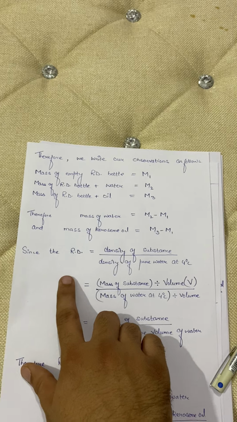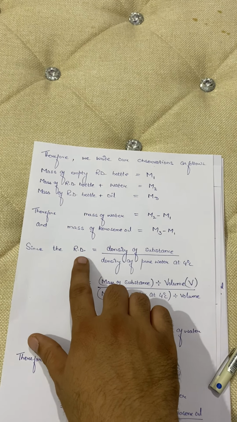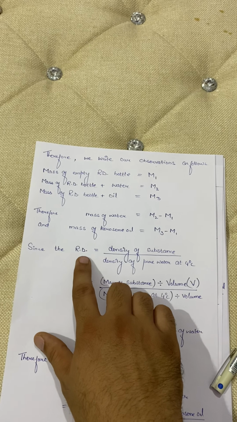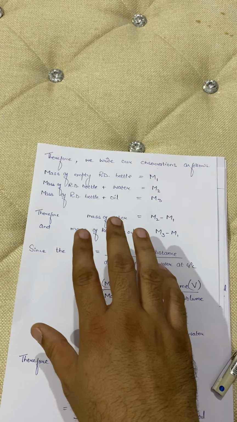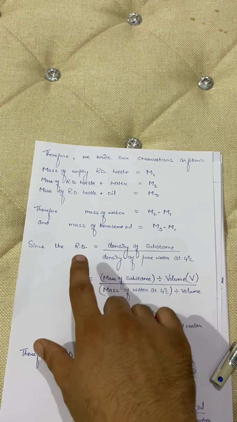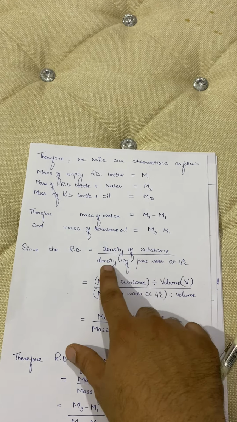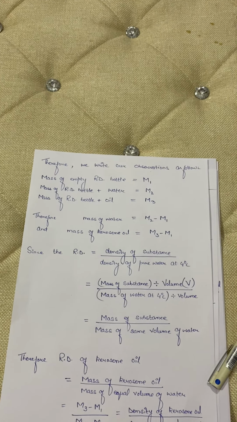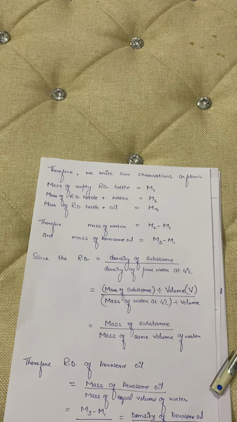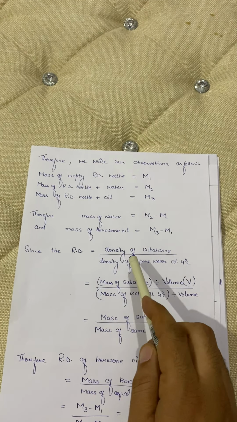Clear? Now, why are we doing this? Because our objective is to calculate the relative density of that particular unknown liquid, which in this case we have taken as kerosene oil. Now, relative density is equal to the density of the substance upon the density of pure water. This we have already discussed many times. But we know one more thing.